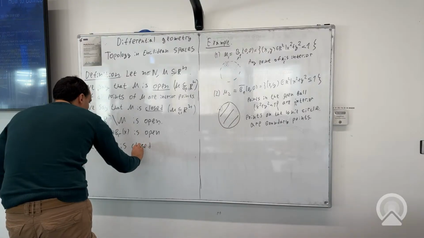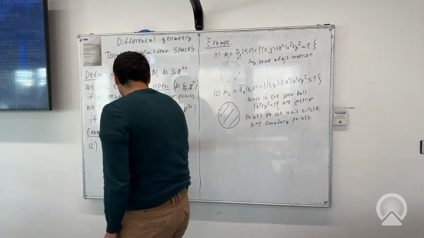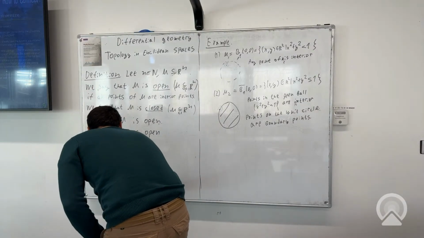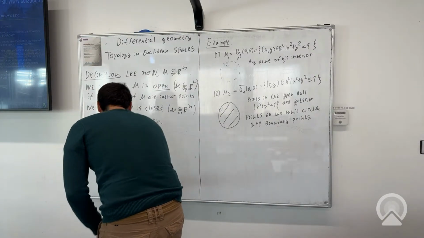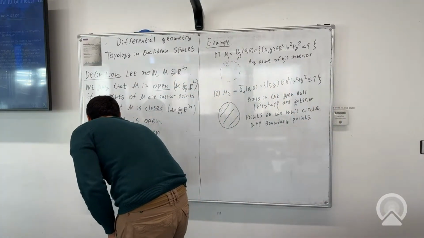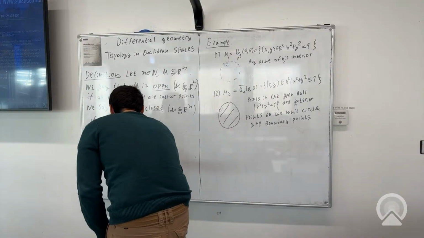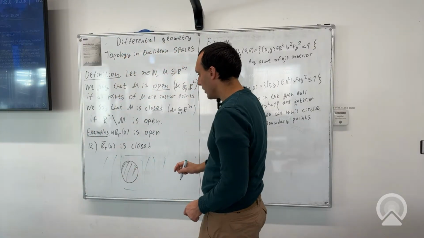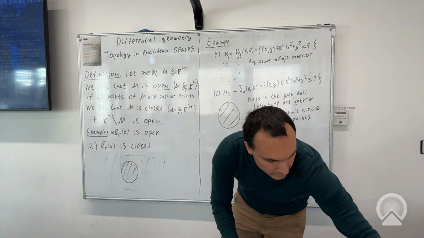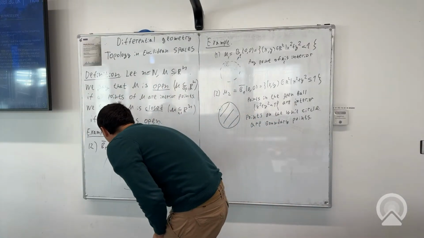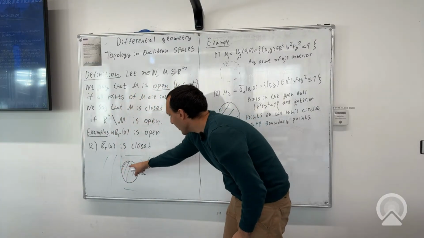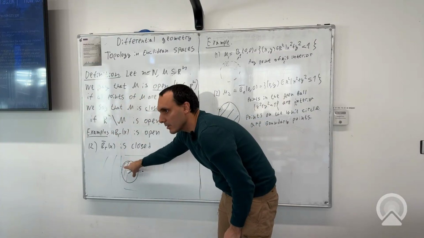Why is that? Let's give a rationale. So we have this ball here, and the outside is this thing here. If I take some point here, it cannot touch the boundary, because the boundary is in the original space.